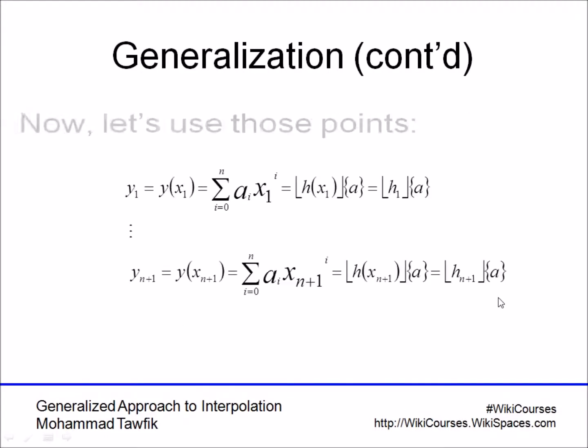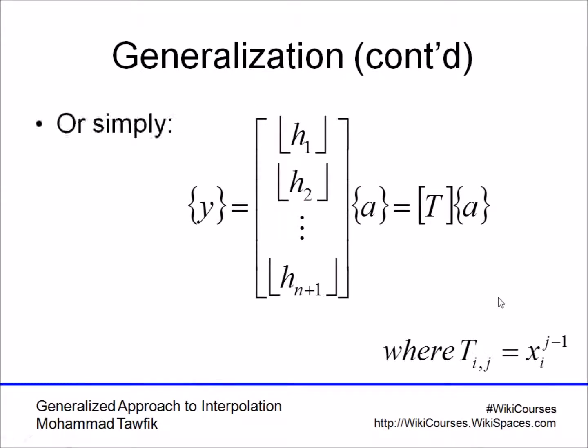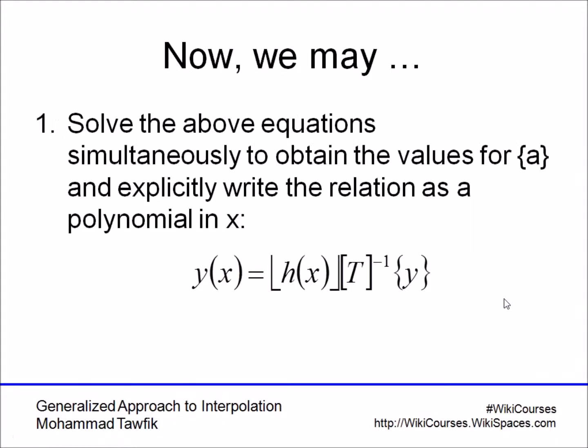So you end up obtaining this relation, which is actually a polynomial. As you multiply T inverse times y, you get a column vector. A row vector times a column vector will end up with a scalar, which is the interpolation polynomial that presents y of x, passing through all the data points that you have.